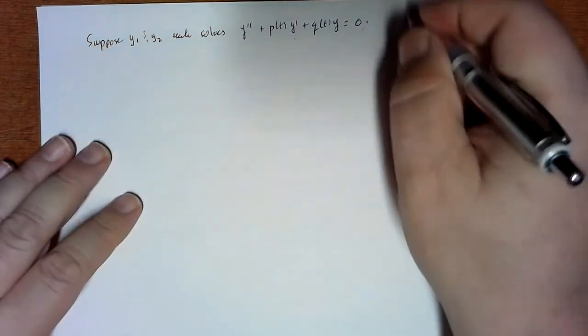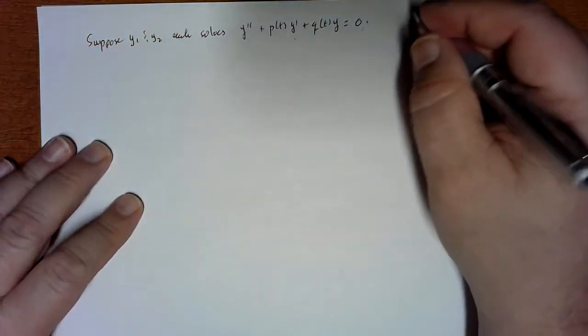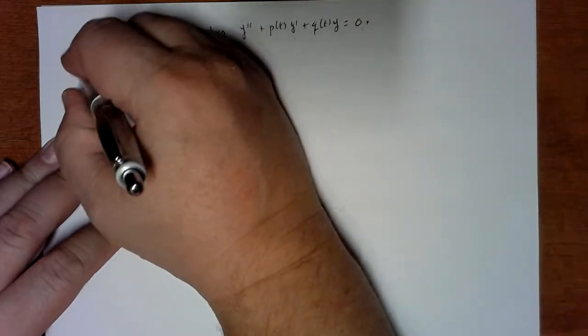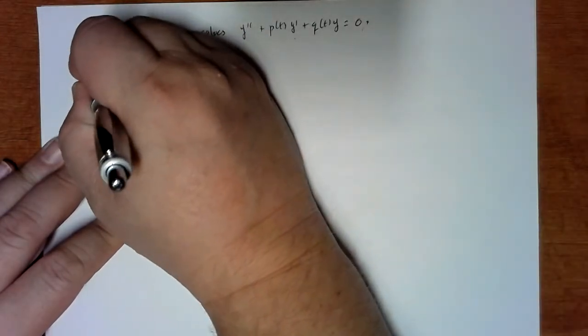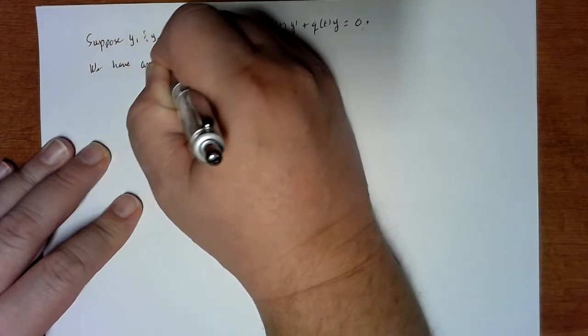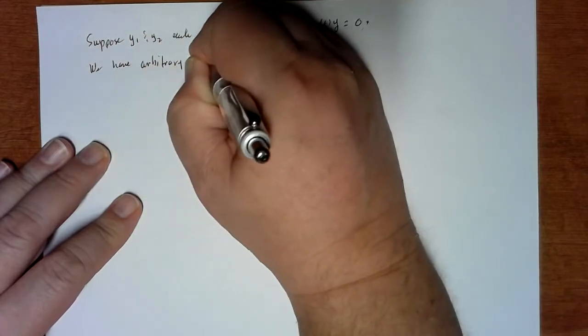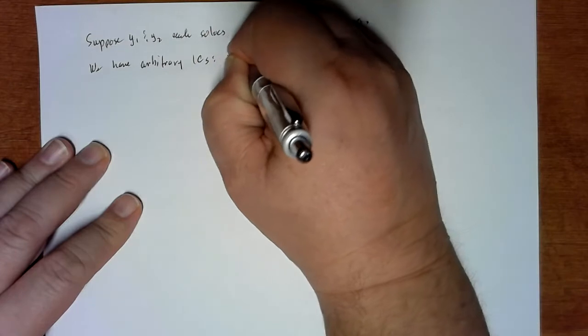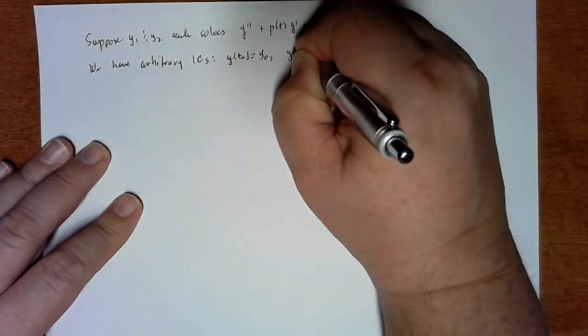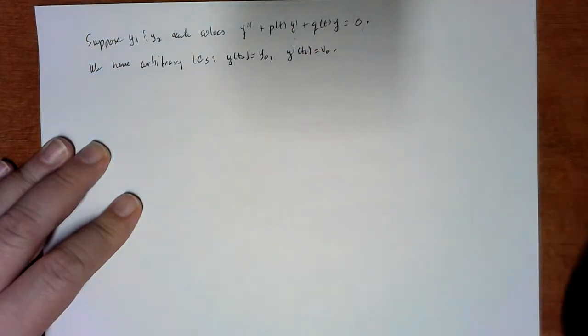Okay. Then the question is, suppose I now have arbitrary initial conditions. y of t0 equals y0 and y prime of t0 equals v0.